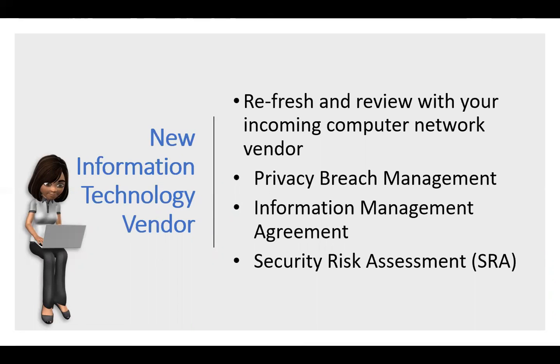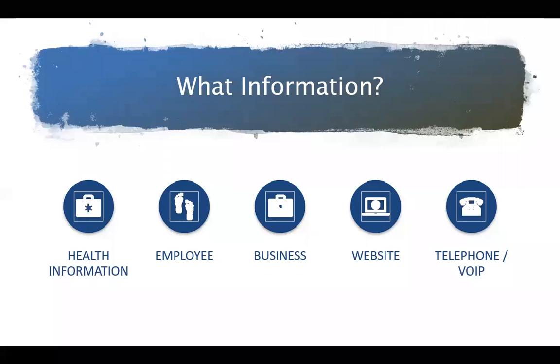Make sure that your new vendor is up to date with privacy breach management and how you're going to collaborate to respond to a privacy and security incident if it's computer related. Make sure that you have updated your inventories and your security risk assessments. So if you're changing information vendors, these are some key steps that you want to include in your privacy impact assessment amendment.